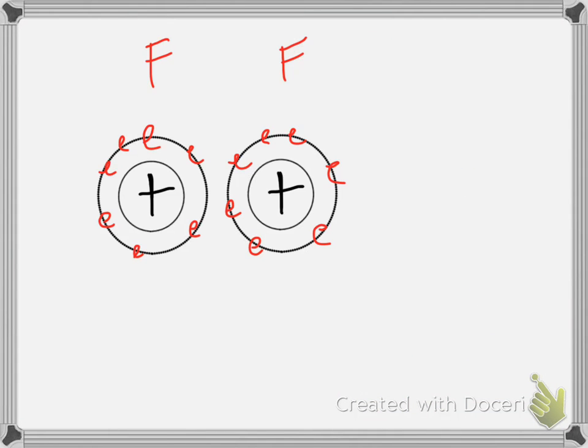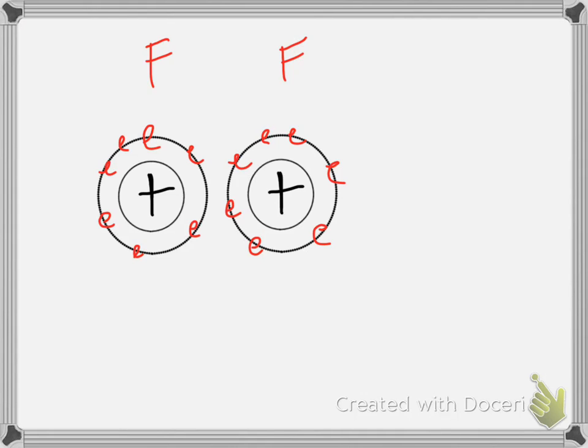Two fluorine atoms here. They each have 7 valence electrons. Second uppermost main energy level, 7 electrons. What do they want to be like? They want to be like neon. They want to have a full upper s and p, which would mean 8 electrons in that uppermost level. Well, they each need 1 more electron.